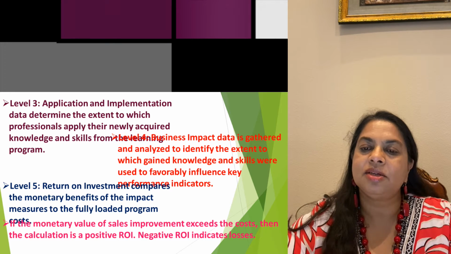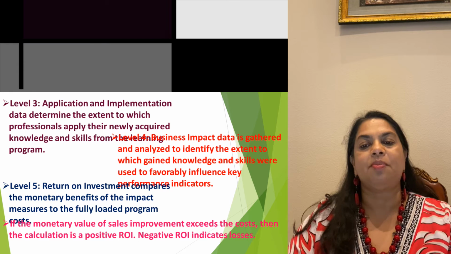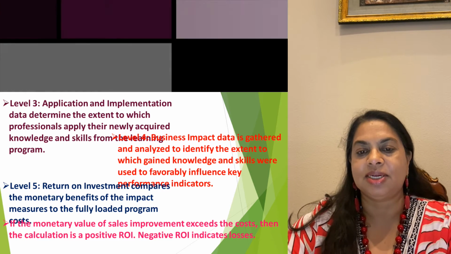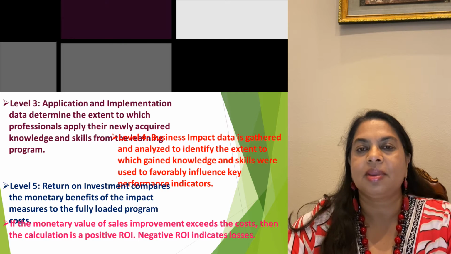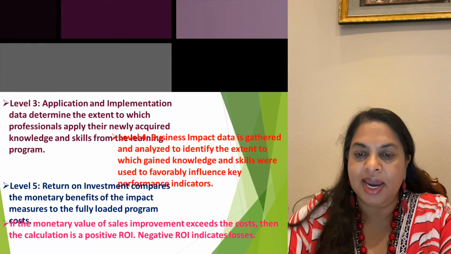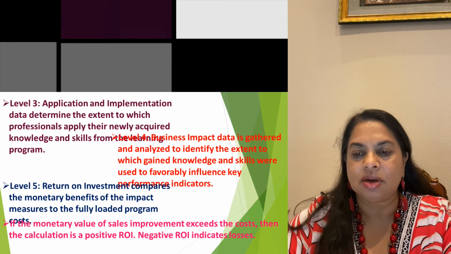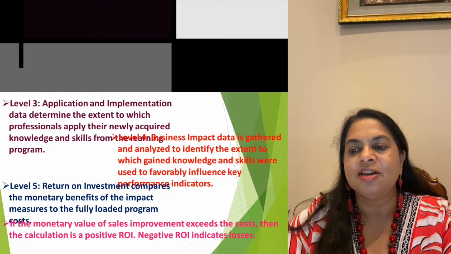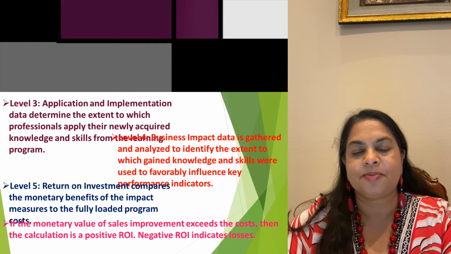Application and implementation data determine the extent to which professionals apply their newly acquired knowledge and skills from the learning program. Level 4. Business impact data is gathered and analyzed to identify the extent to which gained knowledge and skills were used to favorably influence key performance indicators.